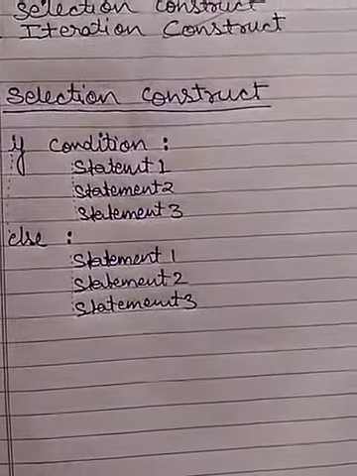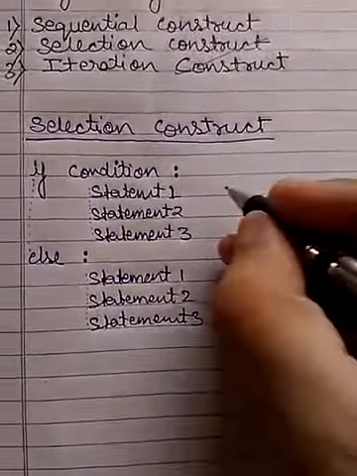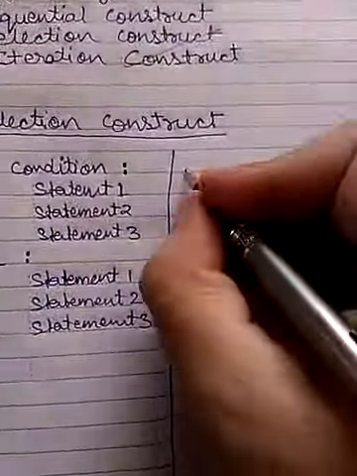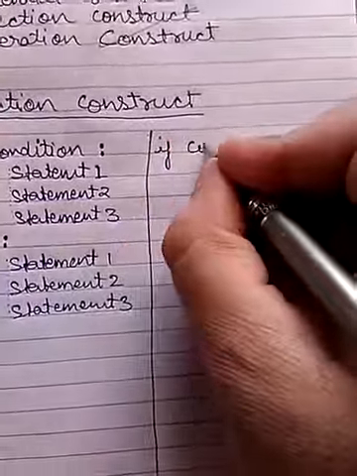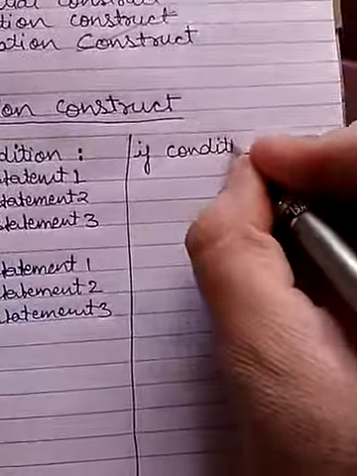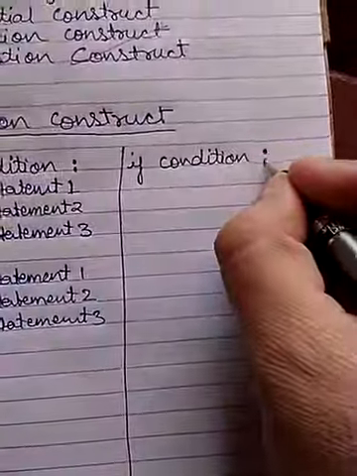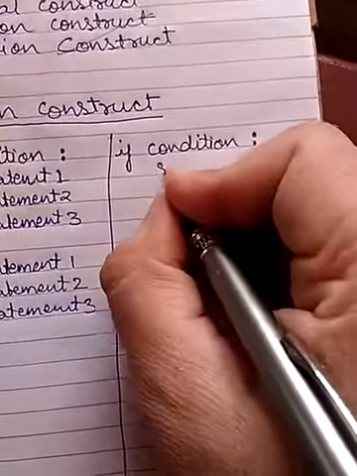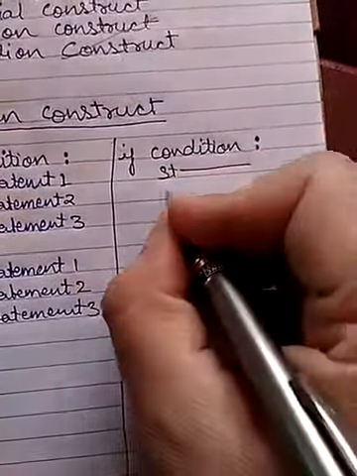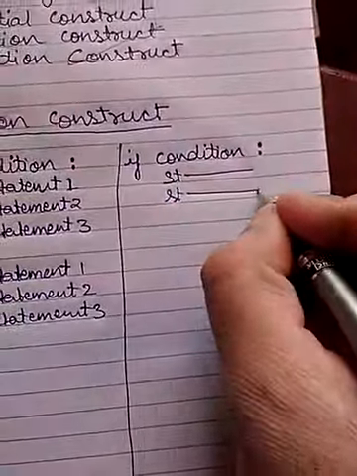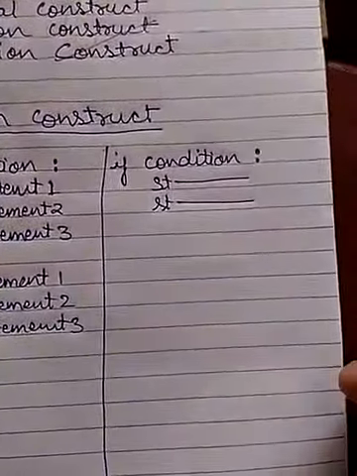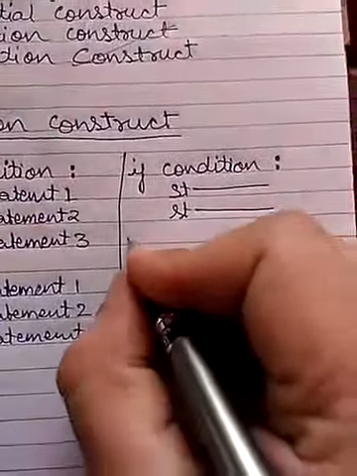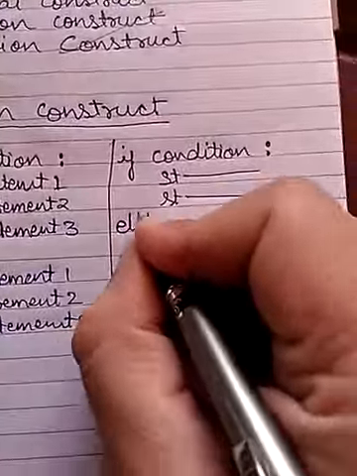What happened if you are having multiple condition? Then you can write the if statement like this: if, after that condition, colon, indent of 4 space, then from here statement. In the same way, if we want to continue the if statement with next condition, then you have to write elif.